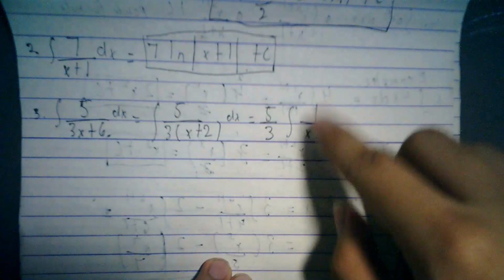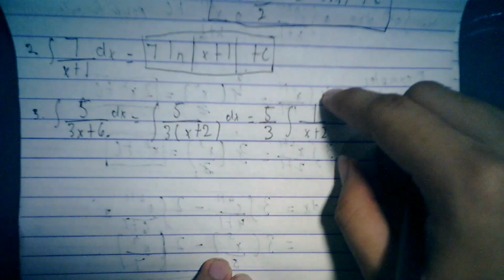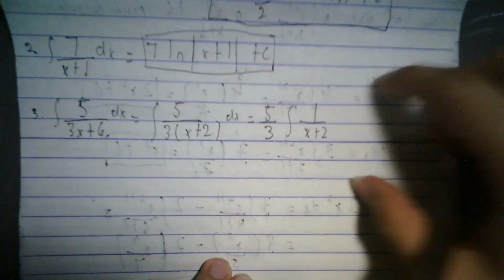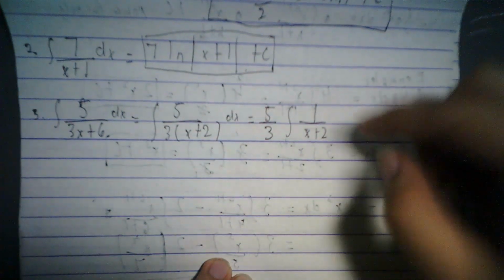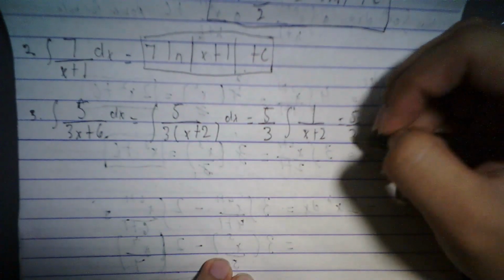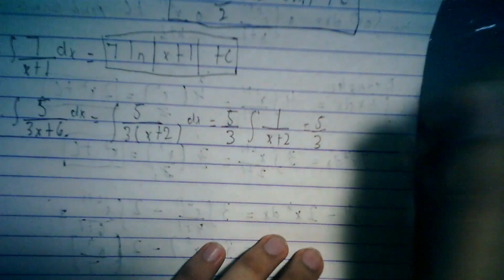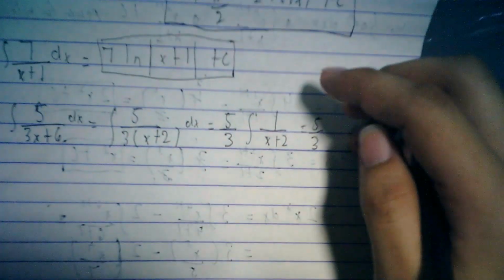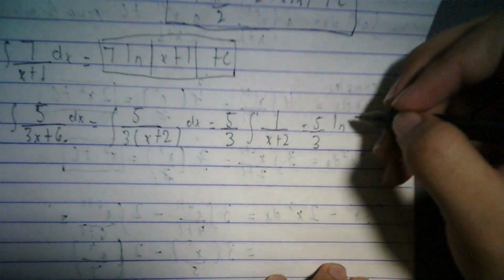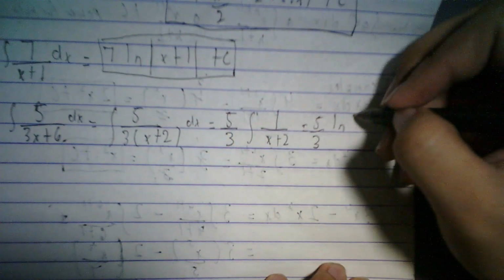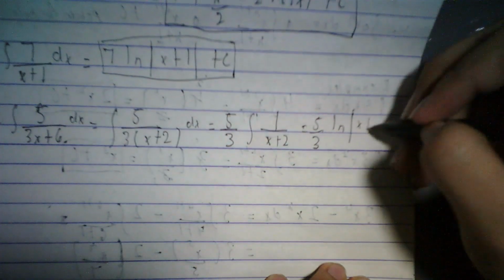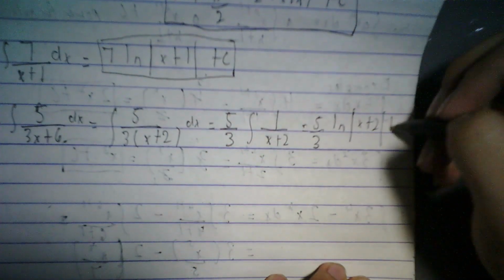So we all know that the integral of a over x dx is equal to a ln of x. So the answer for this problem is just 5/3 times ln of x plus 2 plus c.